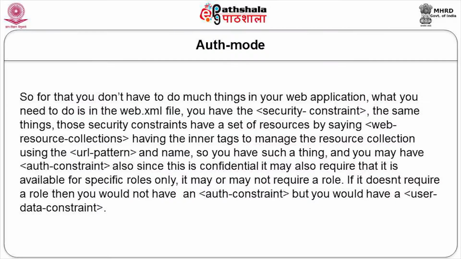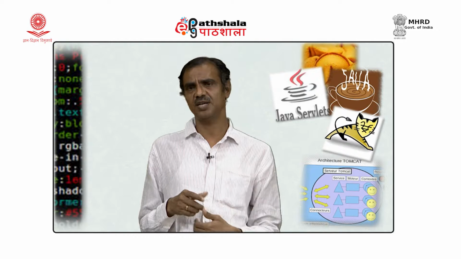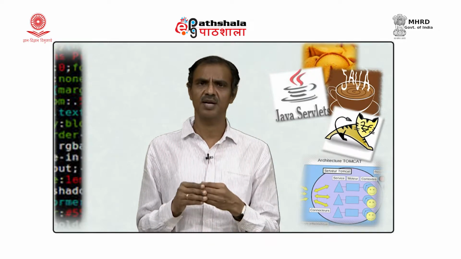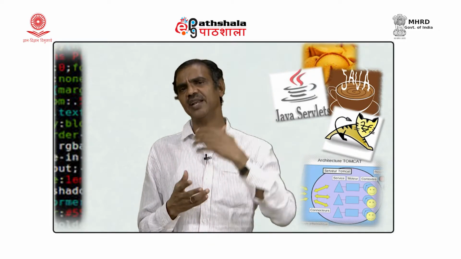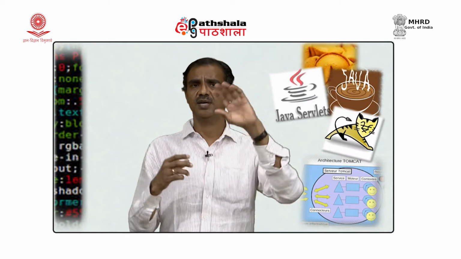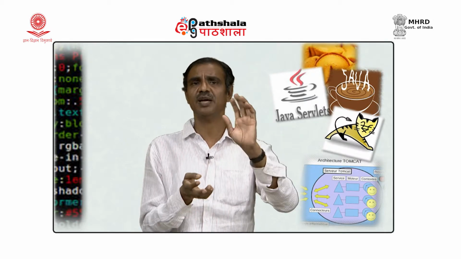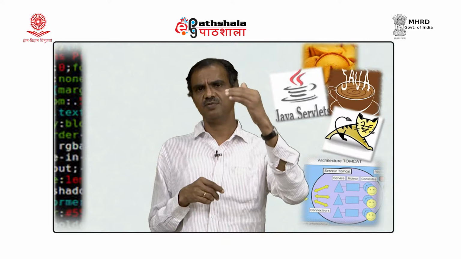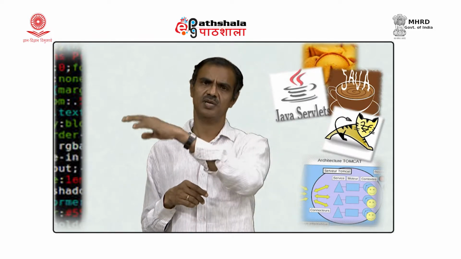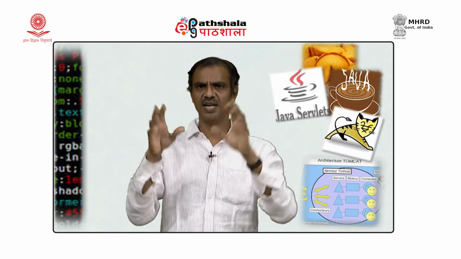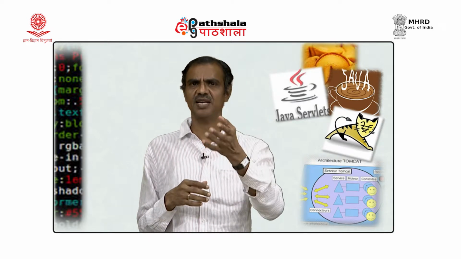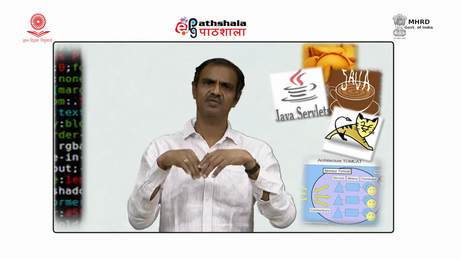For that, you do not have to do much in your application. What you need to do is, in the web.xml file, you have the security constraint. The security constraint has a set of resources, specified by a web resource collection, with inner tags to manage the resource collection using a name and a URL pattern.